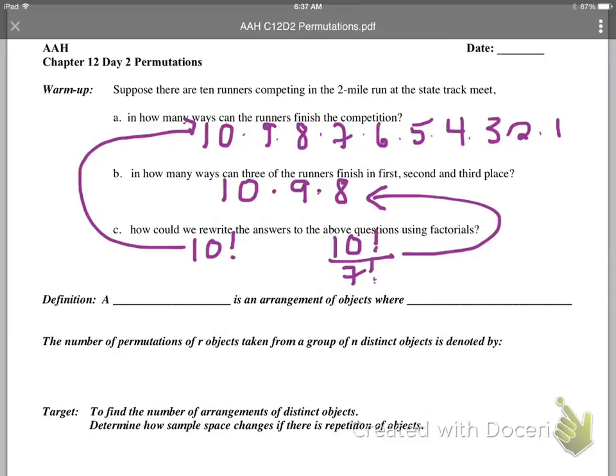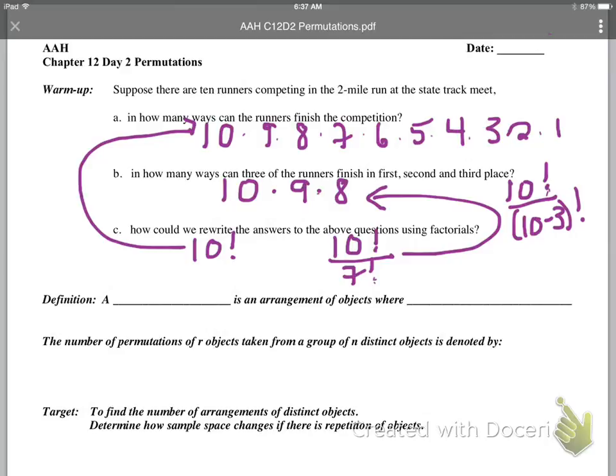But then you're dividing by 7 factorial. So all you'd be left with is your 10 times 9 times 8. And just to show you, this could also be 10 factorial divided by 10 minus 3 factorial.